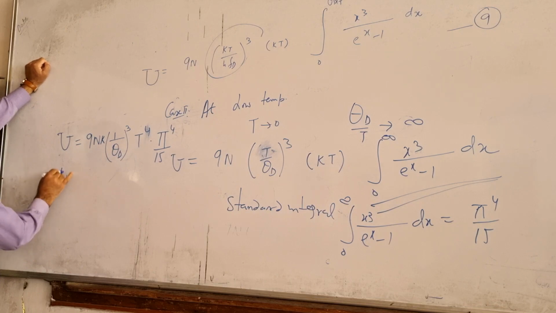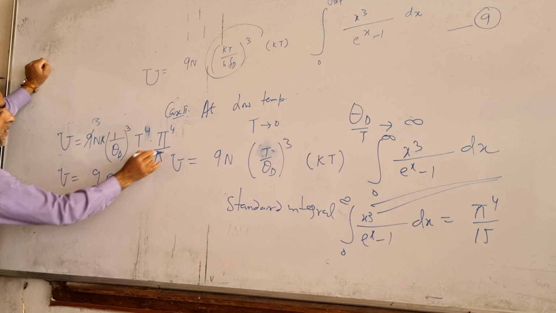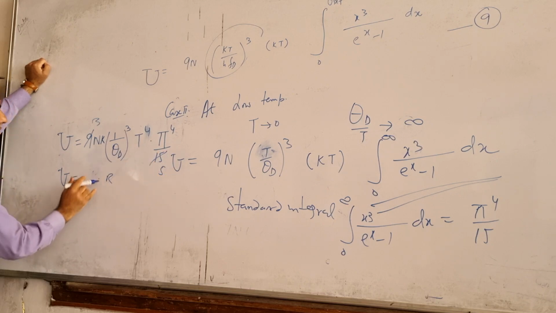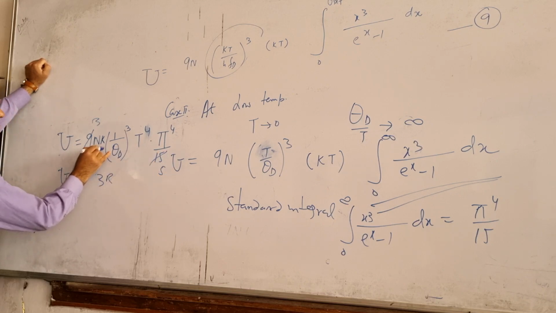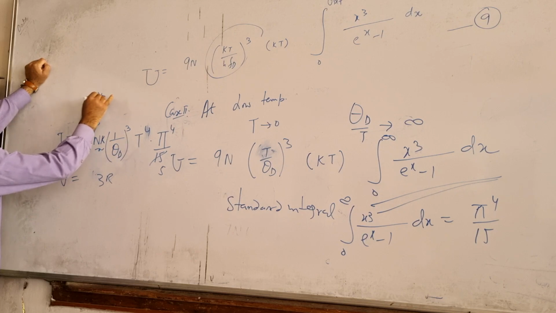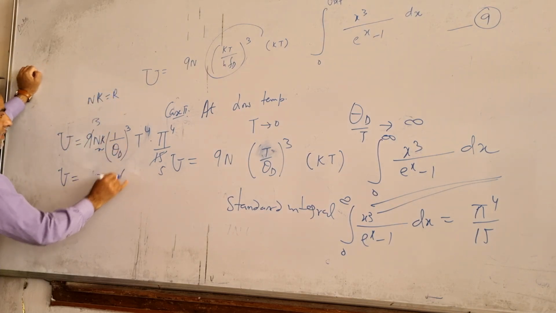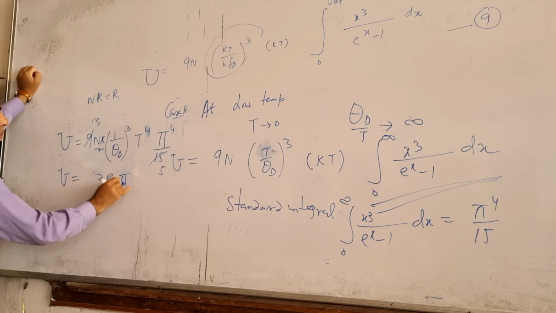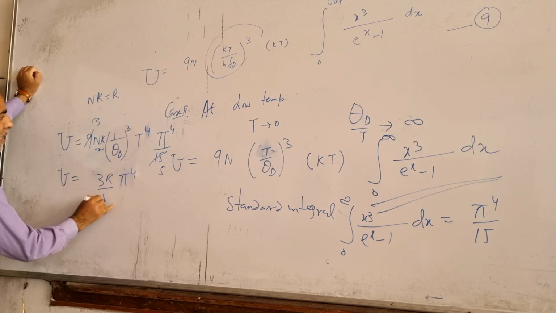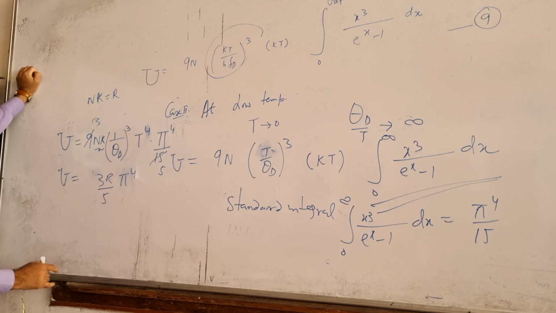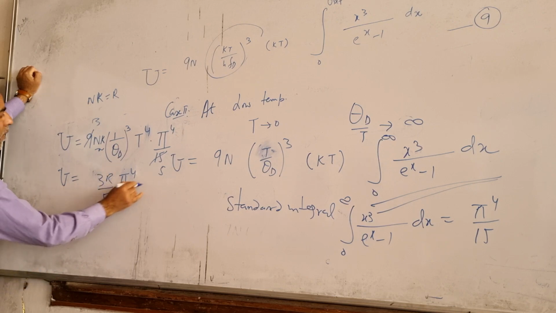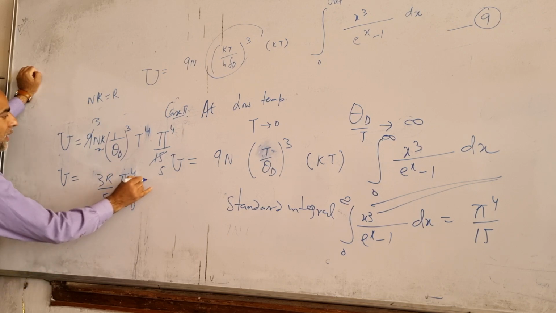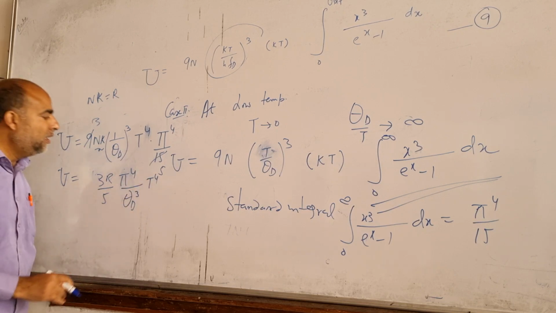So your result will turn out to be 3 by 5, with NK equal to R. We know NK is equal to R. So U is equal to 3 by 5 R pi to the power 4 by theta D cubed into T to the power 4.